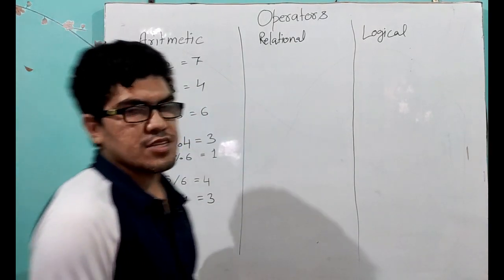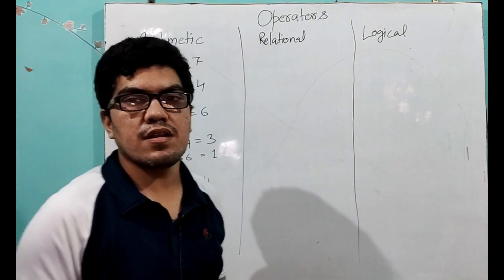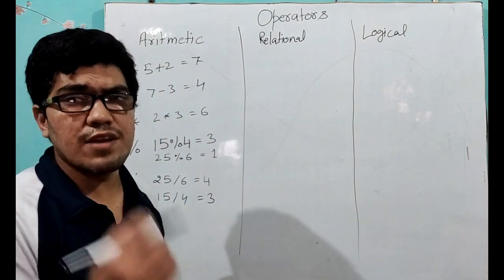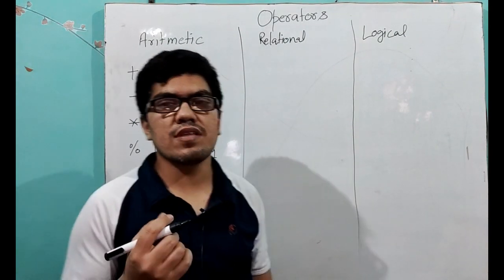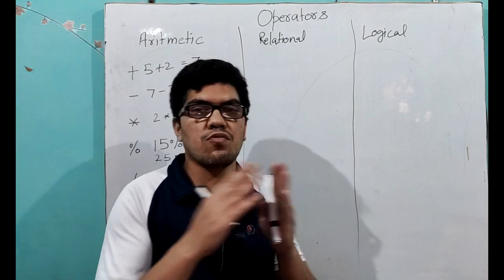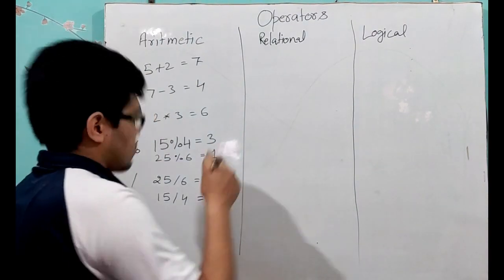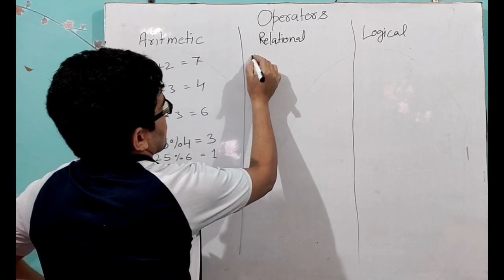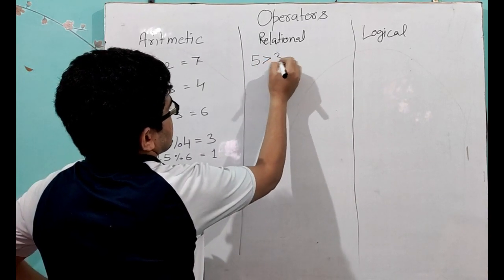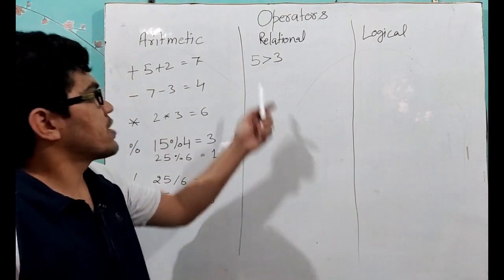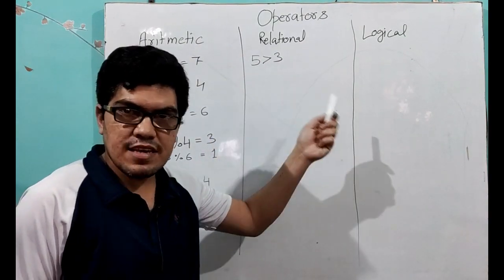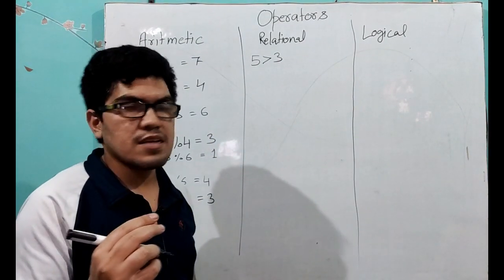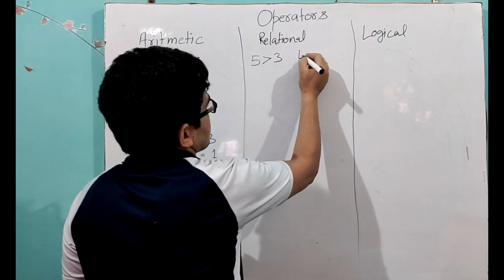Now come to the relational operator. It is used to compare two values, and it gives the result either true or false. Have a look at these operators. 5 greater than 3. Now tell me, is 5 greater than 3? If yes, then it gives true.